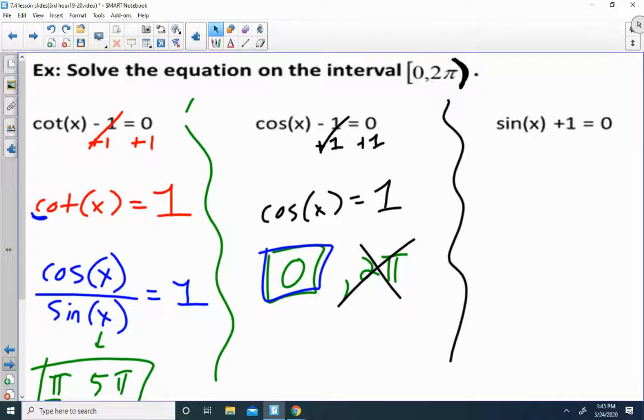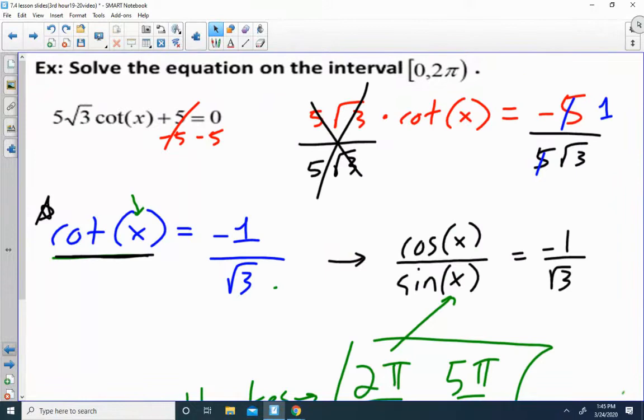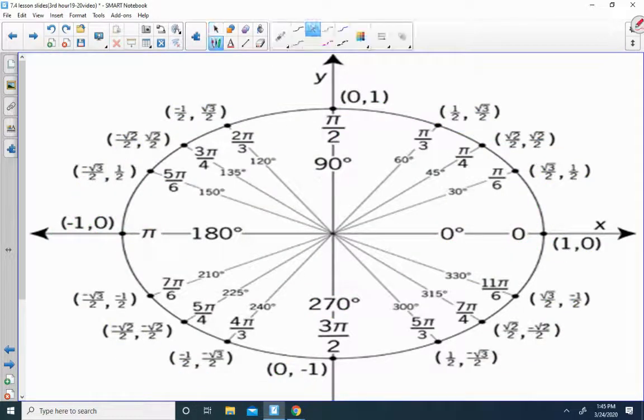Moving on to the last example. Let's solve for sine by subtracting it from both sides. So we need to figure out, when does sine equal -1? So if you go to your unit circle, let's look where sine is -1.